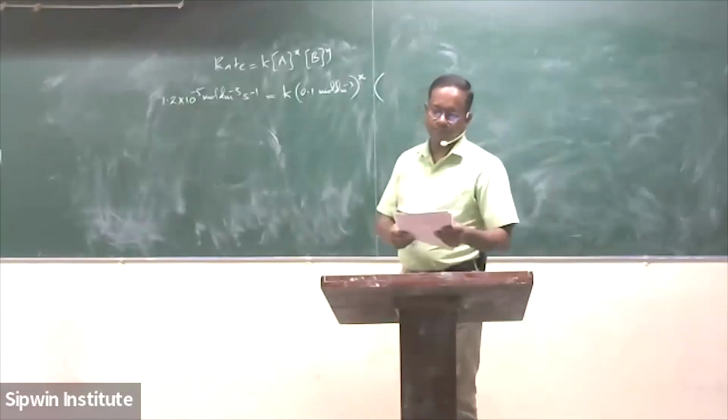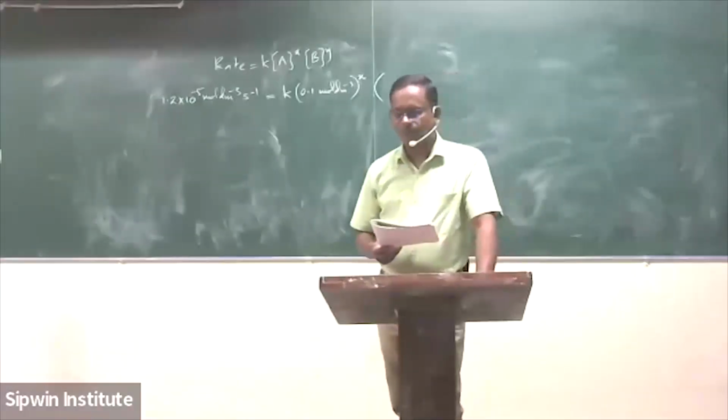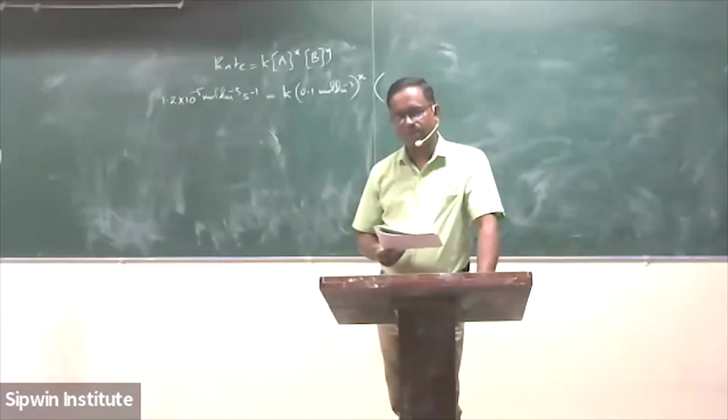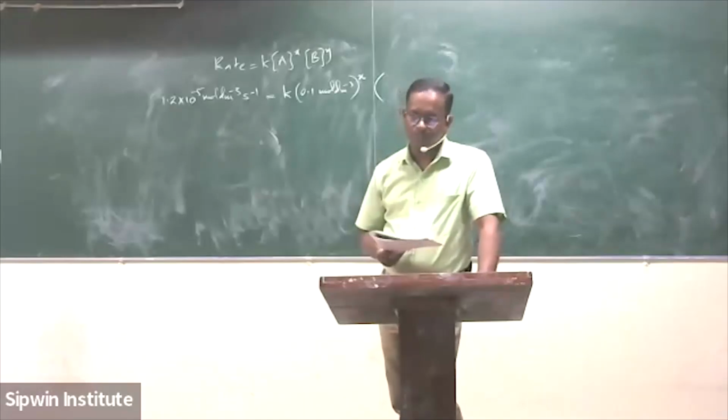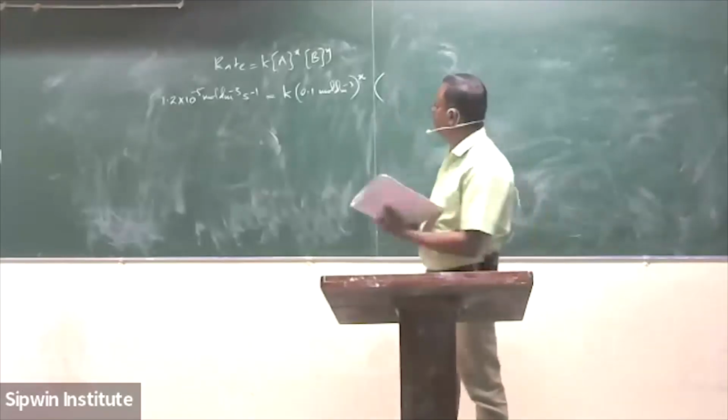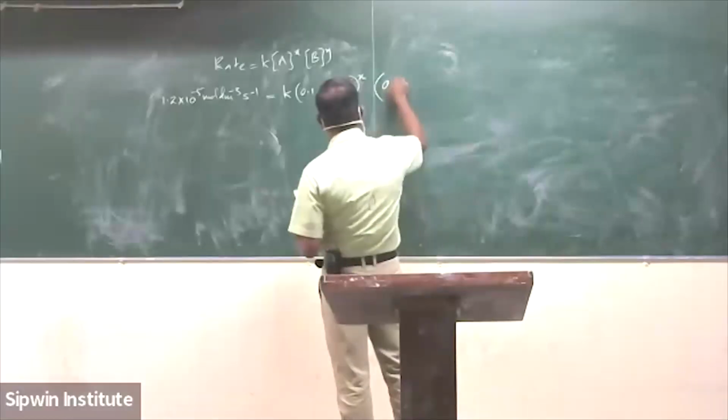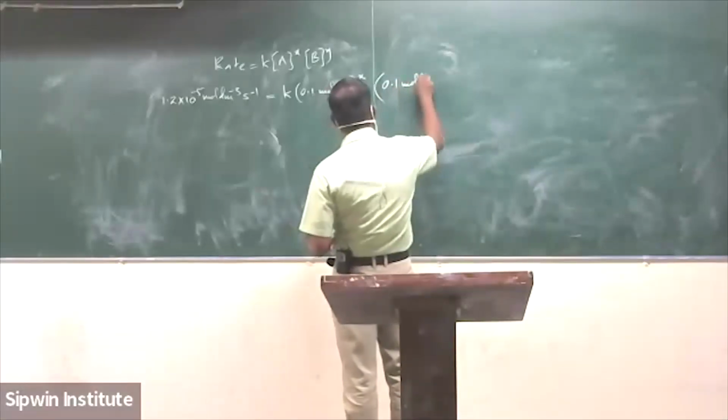B in the aqueous layer, 1 into 10 to the power minus 2, that much in 100, therefore in 1000. So 10 to the power minus 1, that is 0.1. Here it comes back as 0.1 moles per cubic decimeter.